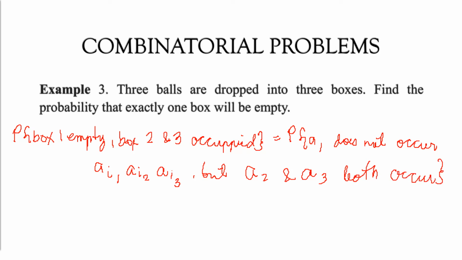So if a sub 1 does not occur, either a sub 2 or a sub 3 must occur twice and the other symbol once.